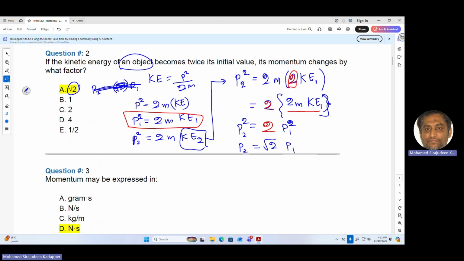So that is what he is asking. He is asking the ratio P2 divided by P1, or how many times P2 is in terms of P1. So P1 multiplied by square root 2 is equal to P2. Okay, so the factor is square root of 2.